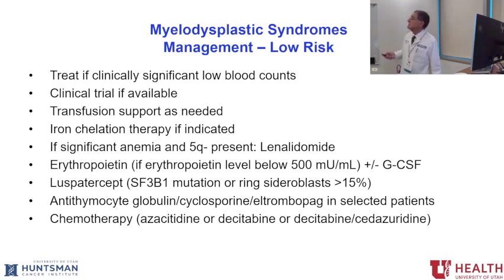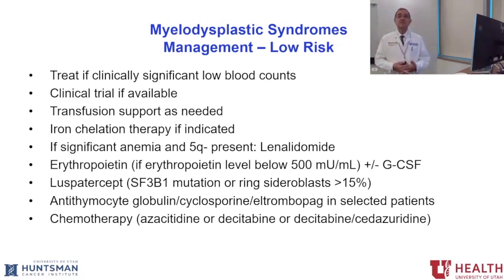But in that situation, if there's a need to treat, it usually depends on how significant the blood abnormalities are, like the anemia, the low red cells, low platelets, etc.